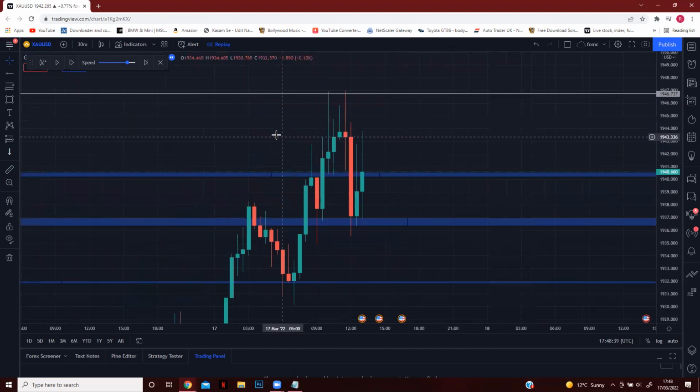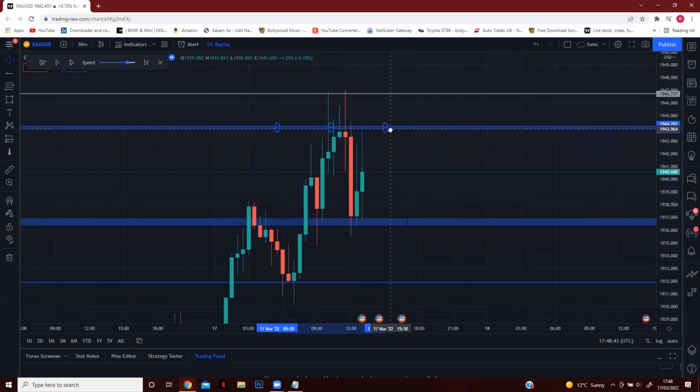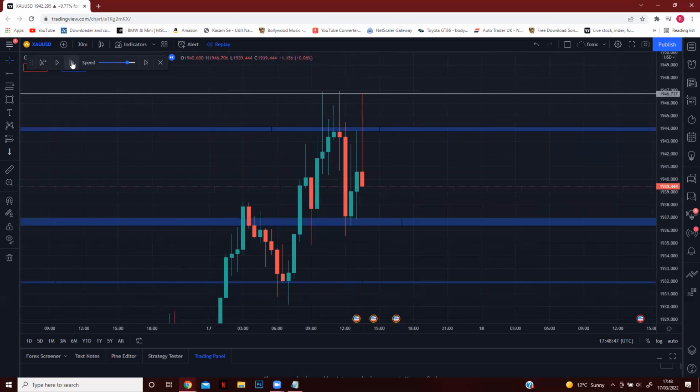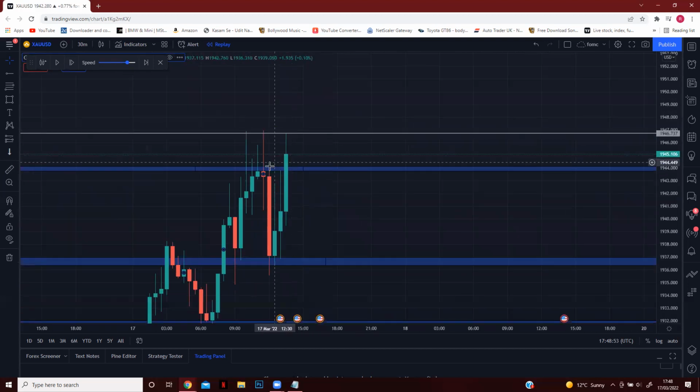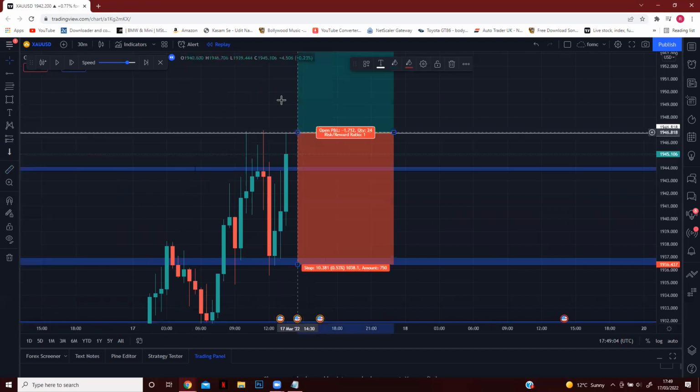If we wanted to play it safe, I would say we could wait for price to come up to here, close here or close above here. Let's see. All right, so look, we did have price close above this little area here. And remember what I said, if I want to take buys, I would take a buy above here. So my next entry would be here.